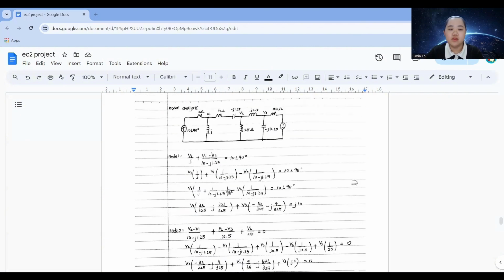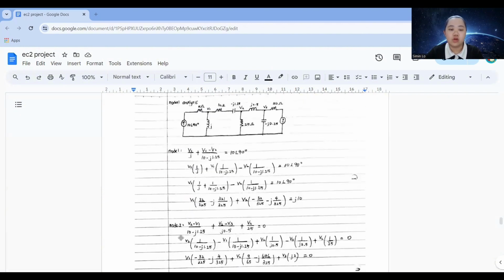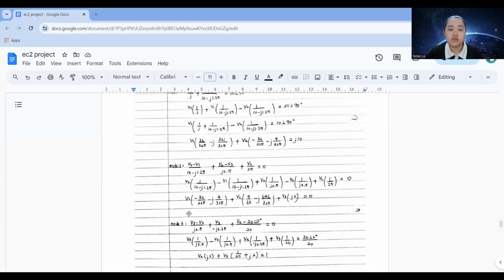After that, we found the equation for node 2, which is V1 times (negative 32 over 325 minus j 4 over 325) plus V2 times (9 over 65 minus j 646 over 325) plus V3 times j2 equals 0.